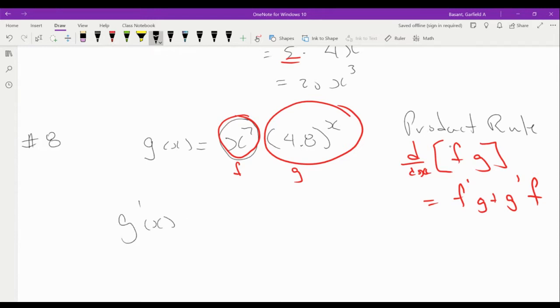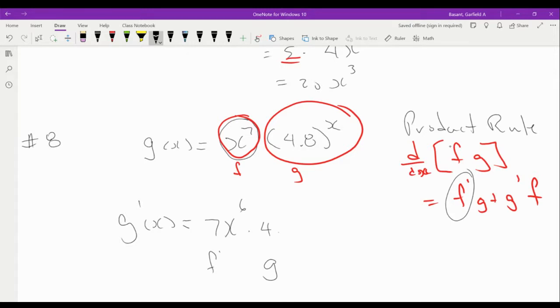According to Faith, we're going to do f prime of x first, which she already told me was 7x to the 6. So that's our f prime of x. Just write f prime for simplicity. And we're going to times that by g.